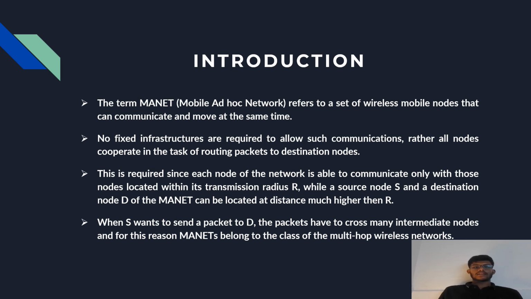This is required since each node of the network is able to communicate only with those nodes located within its transmission radius R, while a source node S and a destination node D of the MANET can be located at a distance much higher than R. When S wants to send a packet to D, the packets have to cross many intermediate nodes, and for this reason, MANETs belong to the class of multi-hop wireless networks.